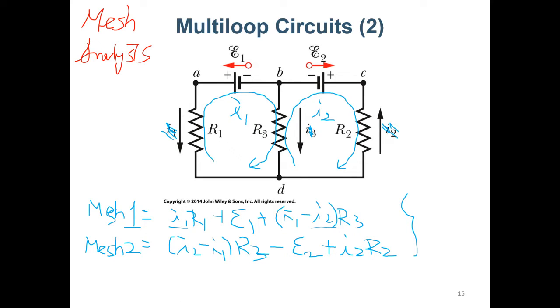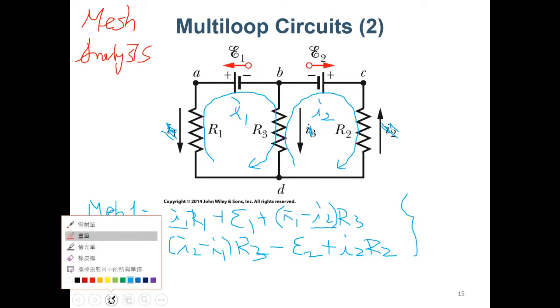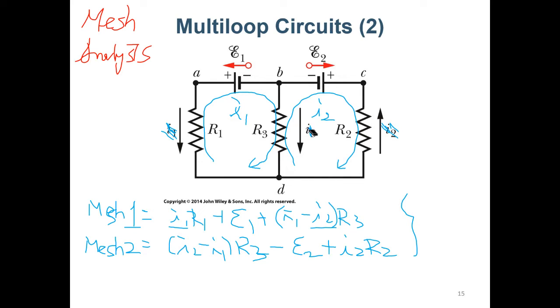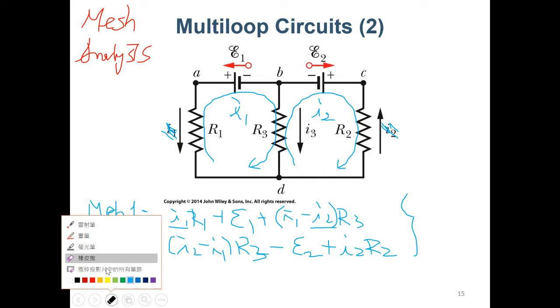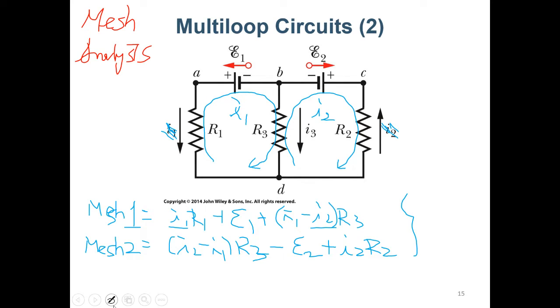Maybe I can release the I3. So ignore this I1 and I2. And actually, if you want to know I3, it will be I3 in this direction going downward.